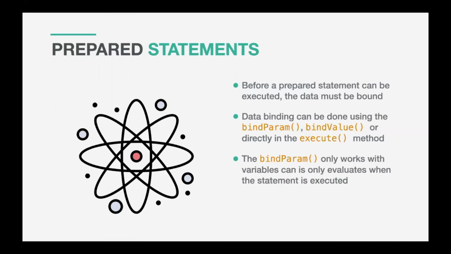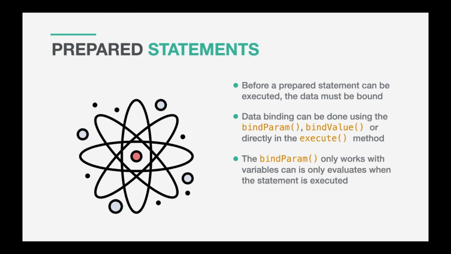Now, bind param only works with variables that can be evaluated directly. What that means is it needs to be a simple variable or the value directly, like a string. It can't be something complicated that uses concatenation or insertion of variables or a combination of strings and numbers or addition like that.